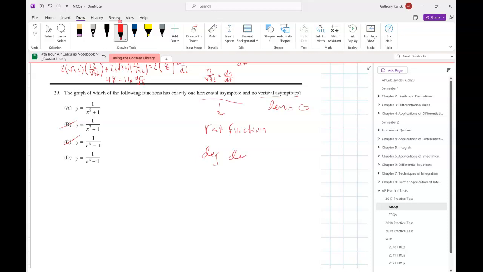The degree of the denominator is greater than or equal to the degree of the numerator. Well, that happens here, right? So that has either y equals 0 or y equals the leading coefficient over the leading coefficient. Either one, doesn't matter. That's exactly 1 horizontal asymptote. That's our result.